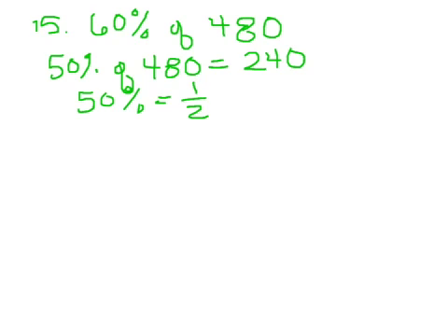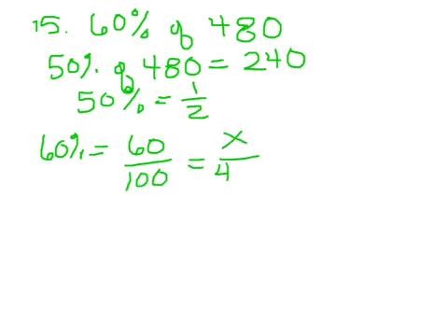So 60% we know is 60 out of 100, and that has to be equal to x over 480. I'm going to simplify 60 over 100 and write that as 6 over 10. And now I'm going to cross multiply. So I have 6 times 480 is equal to 10x.